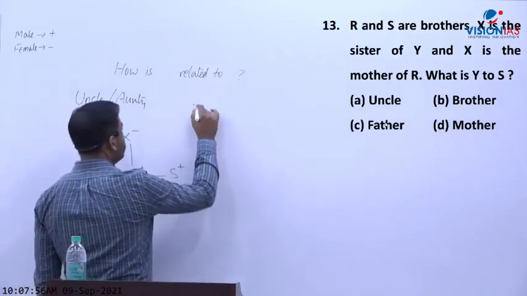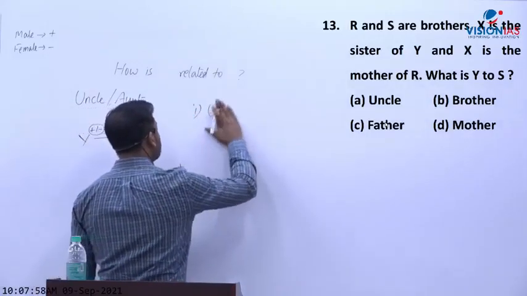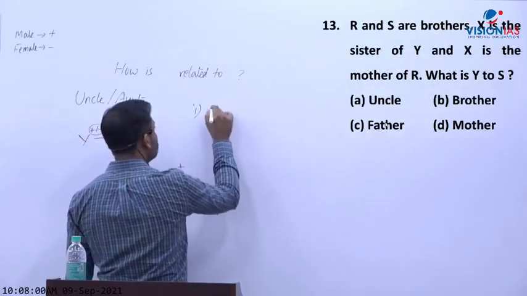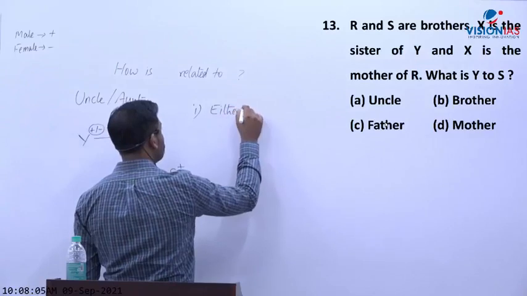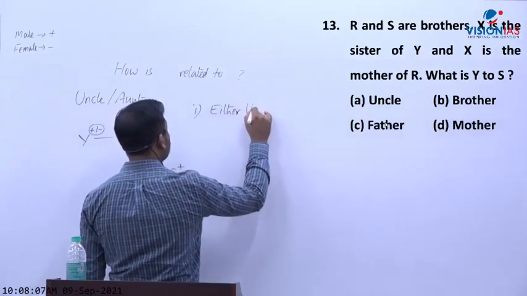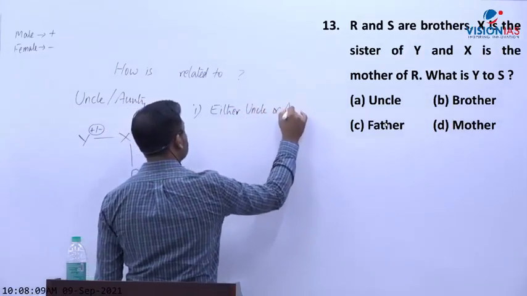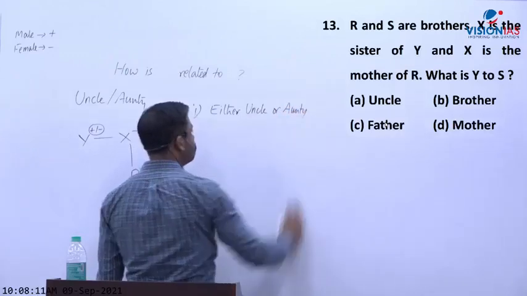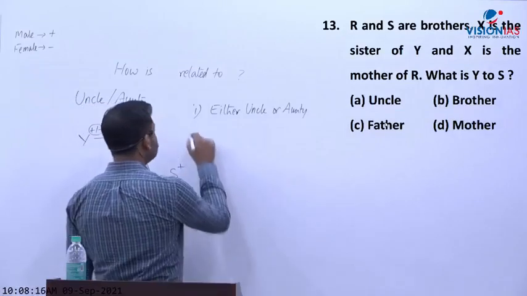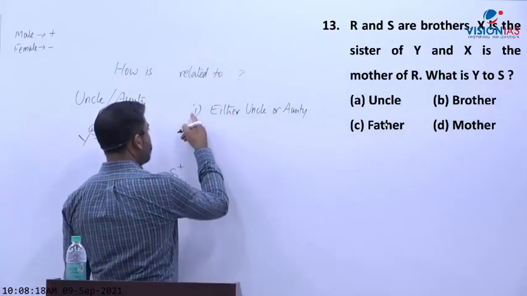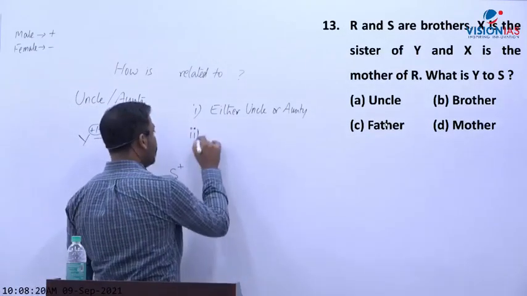So we should first check whether the options say either uncle or aunt. Is it mentioned? No, it is not there. If this option is not there, then we will answer cannot determine.